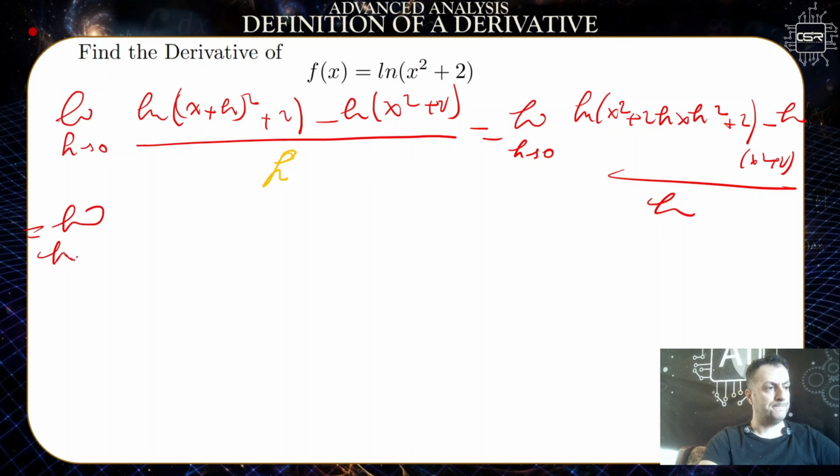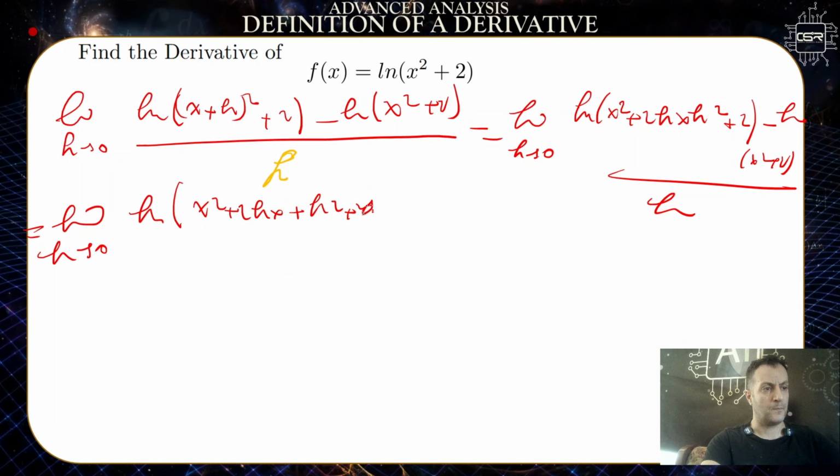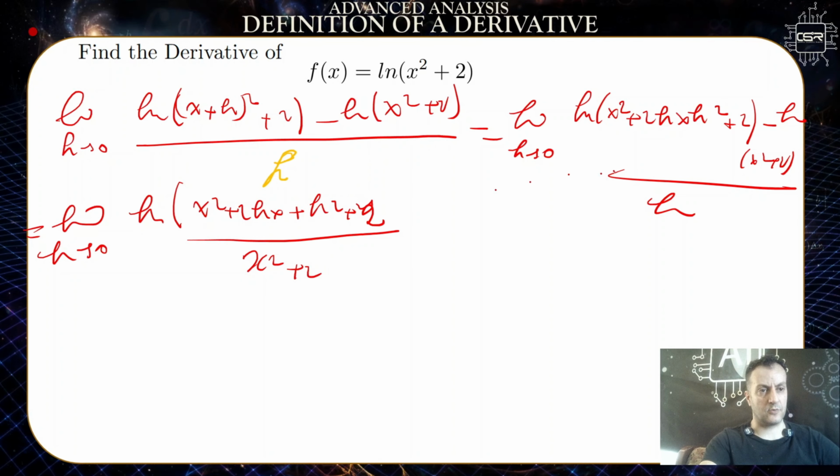Because it is ln a minus ln b, it's equal to ln a over b, x squared plus 2.